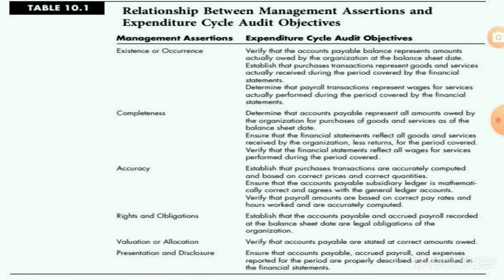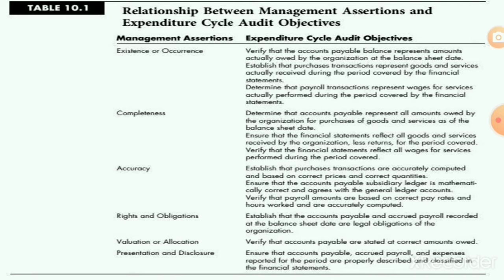So dito sa 10.1, it represents the relationship between management assertions and yung expenditure cycle audit objectives. Yun nga, sabi ko kanina, yung management assertions, yung existence or occurrence, completeness, accuracy, rights and obligation, valuation or allocation, and presentation and disclosure.